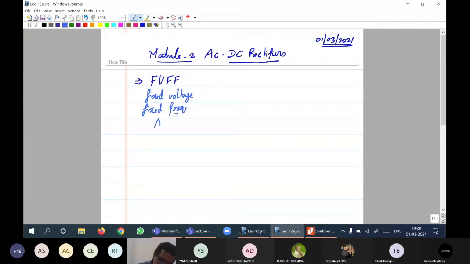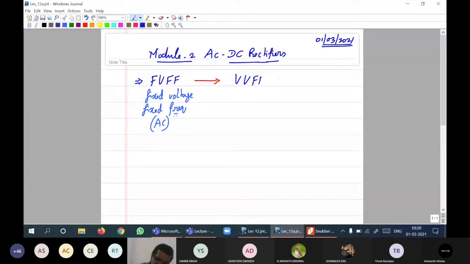This is the input. Now this is being converted into variable voltage. Actually frequency will not change because it is DC. So fixed frequency to variable voltage.